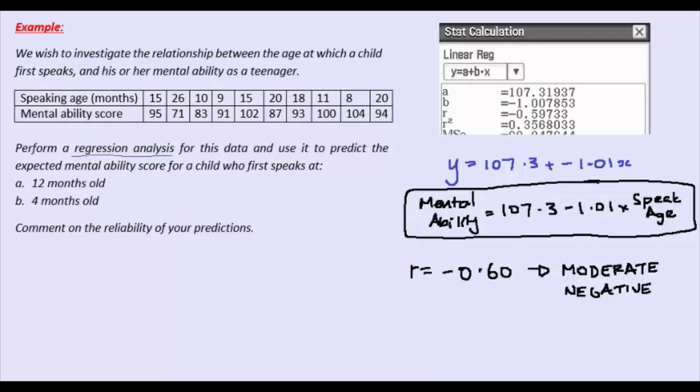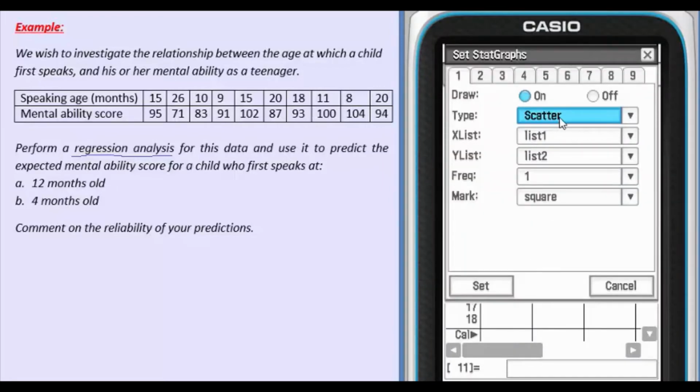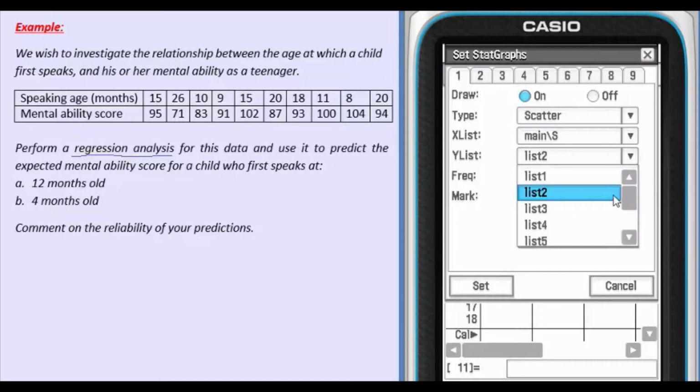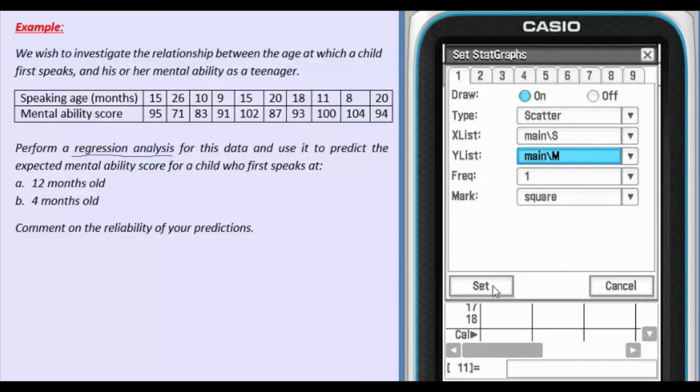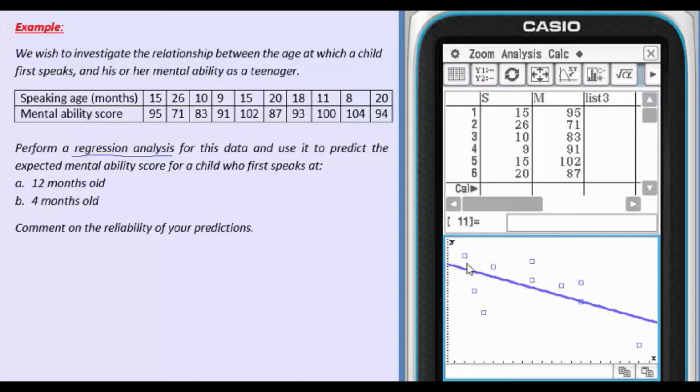So we'll go to our calculator where we have this data, and then we'll go in here and say, I want a scatter plot. I want it between my variables of speaking age and mental ability, and I'll set that, and then I'll sketch the scatter plot. And you can see here are my dots. This looks relatively linear.